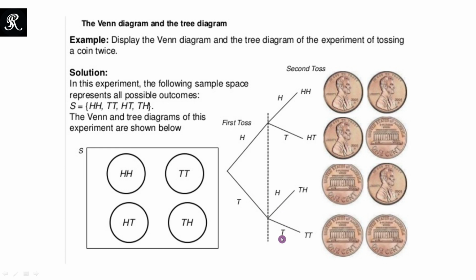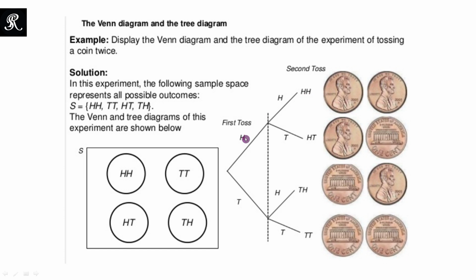And how can we write the sample space? The first possible outcome would be HH. There are chances that if we already get a head on the top face, maybe when we flip or toss that coin again, we'll get a head again. There is a possibility. So that possible outcome is HH.